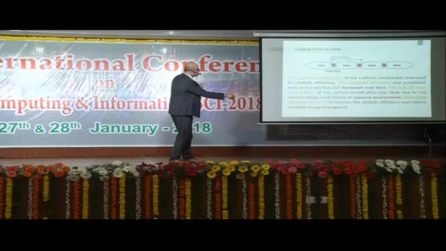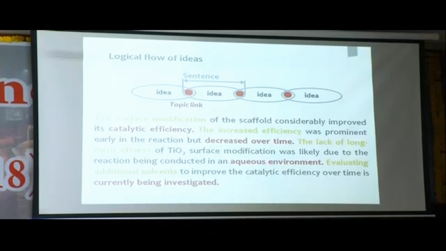So the next sentence should tell us about the catalytic efficiency. So the increased efficiency was prominent early in the reaction, but, stress position, the main message, decreased over time. So the third sentence is about time.